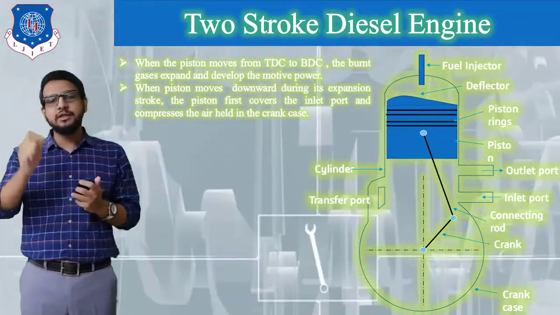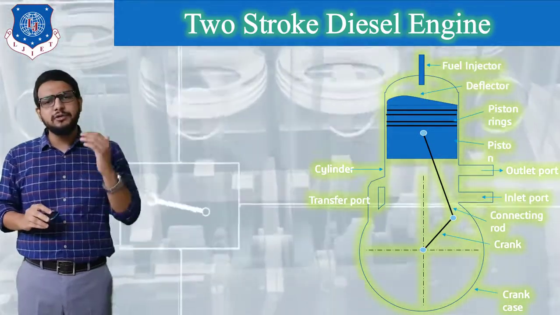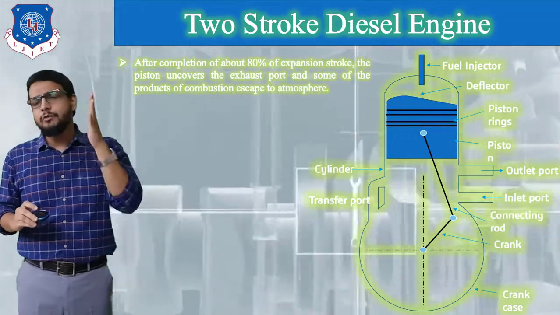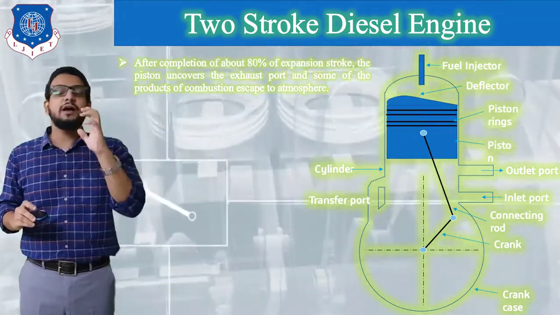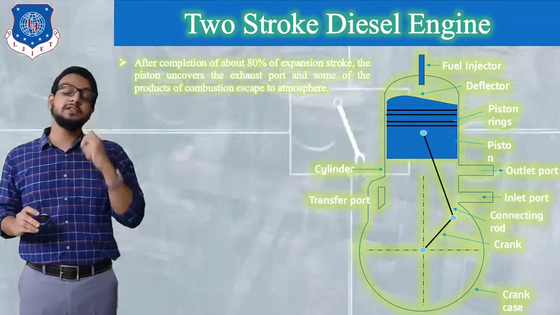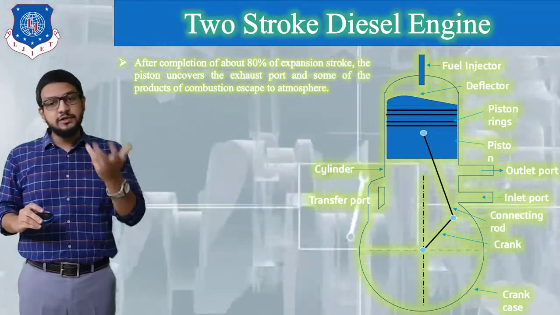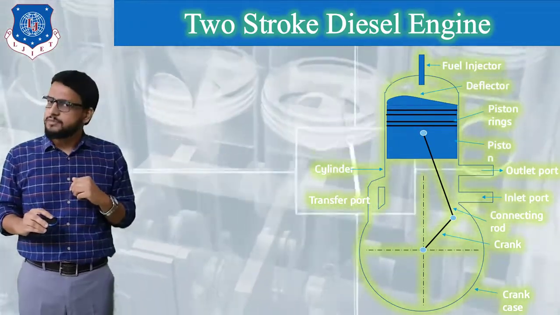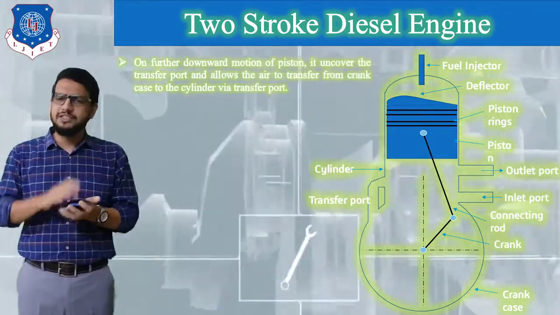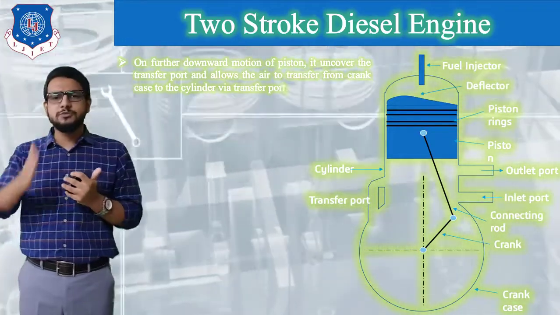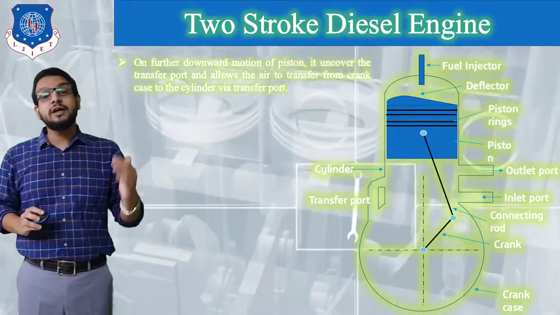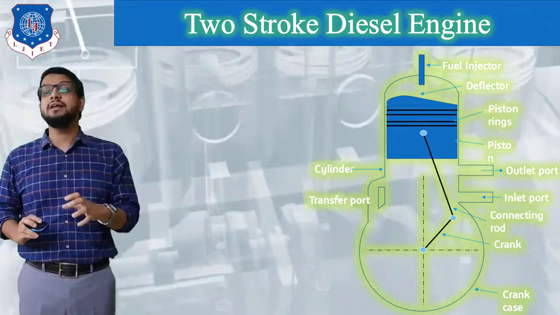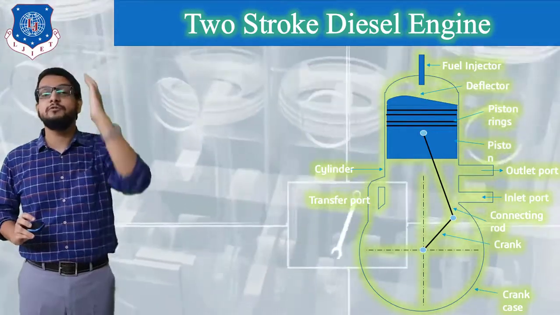Now the piston will cover the inlet port, and after 80% of this expansion stroke has been completed, which means 80% of the power stroke is achieved, the piston will uncover the outlet port as well as the transfer port. And since we know that once the outlet port is open, whatever hot gases were generated on the top side of the cylinder during the power stroke will start to get out through this exhaust port. At the same time, from the transfer port, the partially compressed air which is present in the crankcase will be moved to the top side of the cylinder.